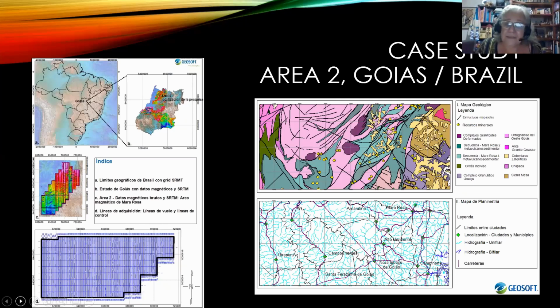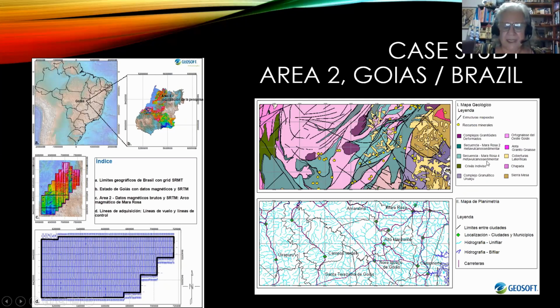Now I'm going to start talking about really what's my specialty. So I'm going to use mag, gamma, and gravity and show some case studies showing the stages of the data processing. This is a case study from data that is available. The area is Goiás, Brazil.